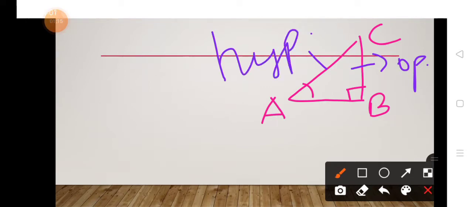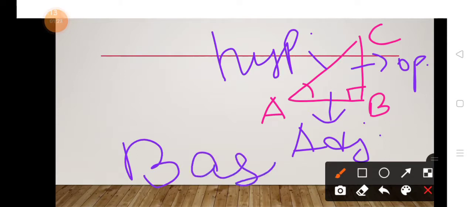And side AB, what do we call AB then? AB we call the side adjacent to A. We can call it the side adjacent to A, or we can call this the base also. Okay, fine. I hope you understood.